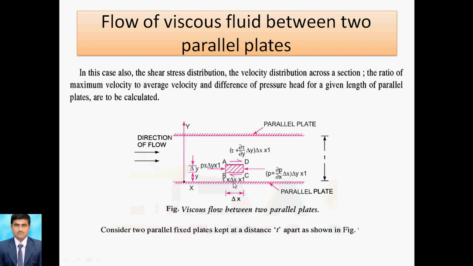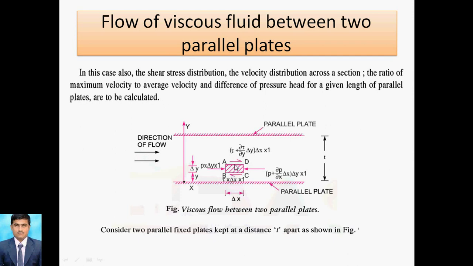The shear stress is tau, and delta x into 1 is the area, because delta x is on face BC and 1 is the width. So in this diagram, on faces AB and CD the pressure force is acting, and on face BC and face AD the shear force acts.